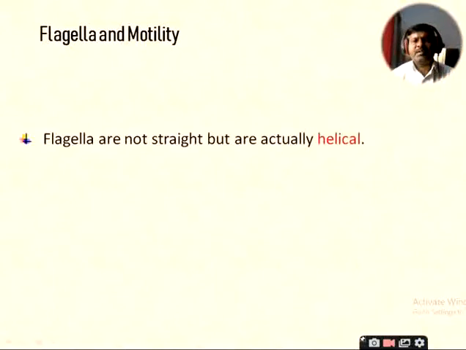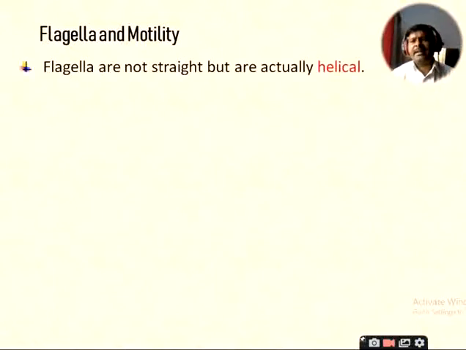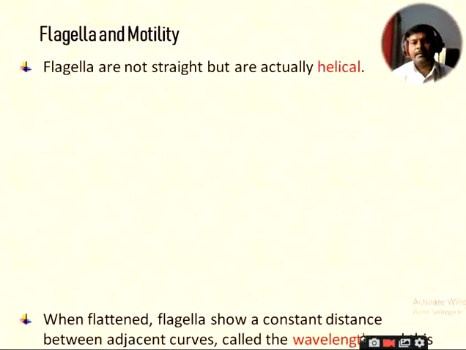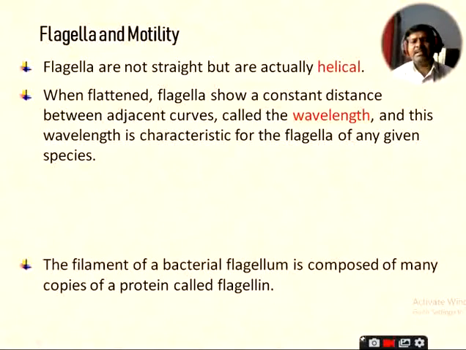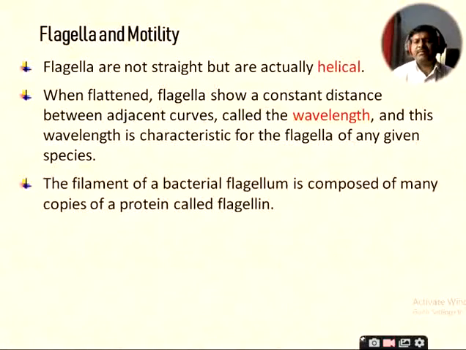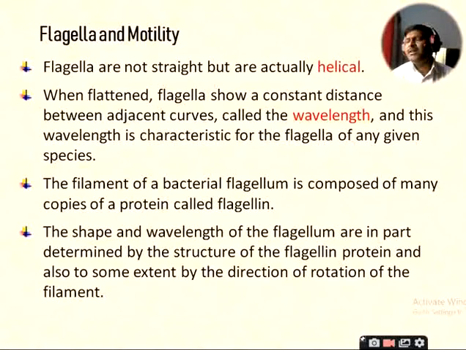Flagella are not straight, but are actually helical in nature. When flattened, flagella show a constant distance between adjacent curves called the wavelength, and this wavelength is characteristic for the flagella of any given species. The filament of a bacterial flagellum is composed of many copies of a protein called flagellin.